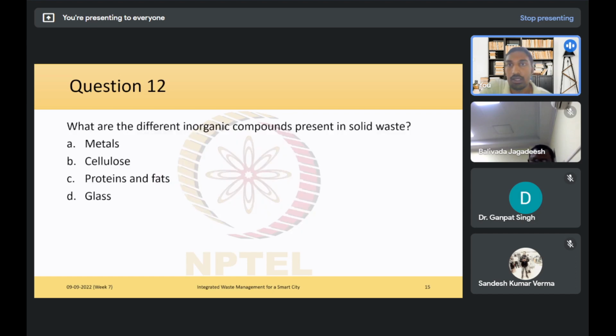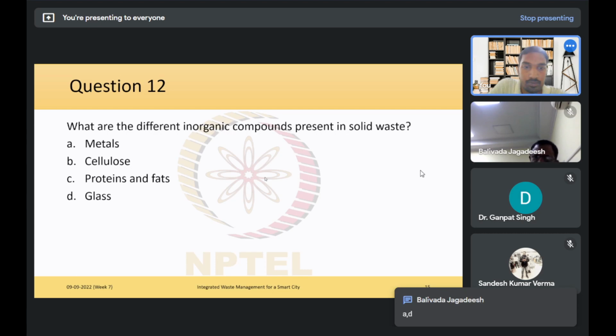Okay, moving on to question number 12. What are the different inorganic compounds that are present in a solid waste? The options are metals, cellulose, proteins and fats, glass. So which of these are the inorganic compounds that we find in a solid waste? Yeah, we have an answer A and D. What about others?